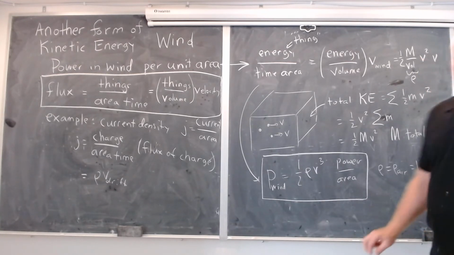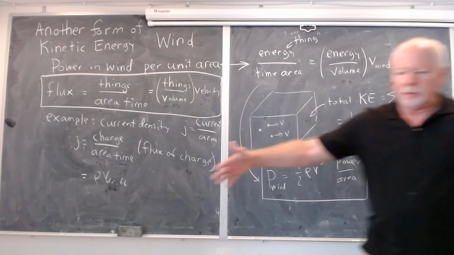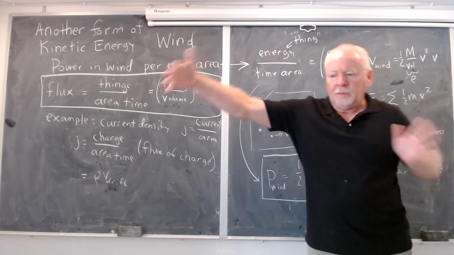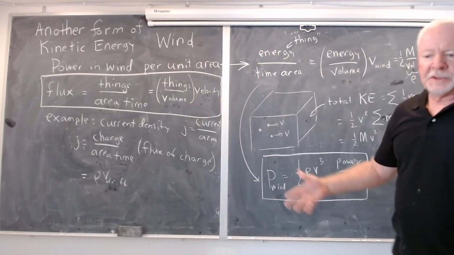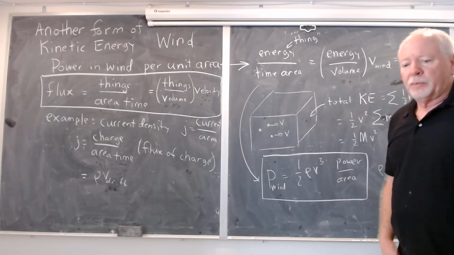Which, I mean, kind of makes sense if you think about a cubic meter of air, that if you could somehow weigh that cubic meter of air, it would be 1.2 kilograms.